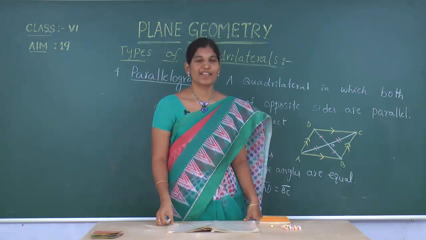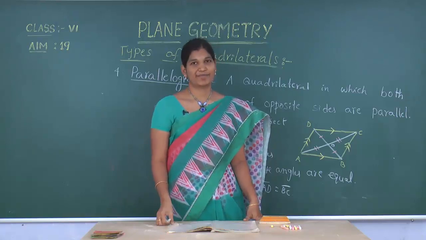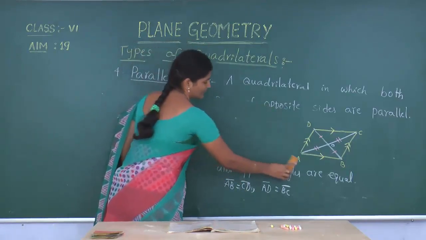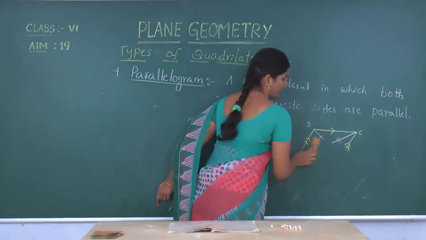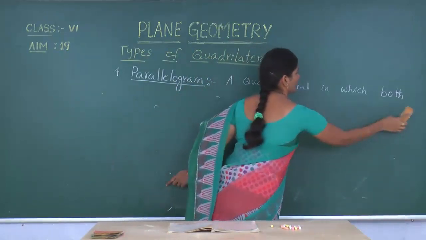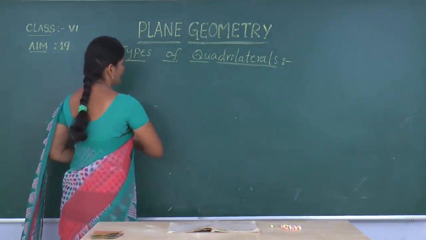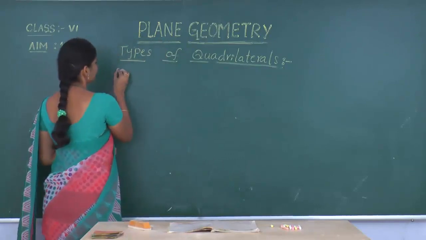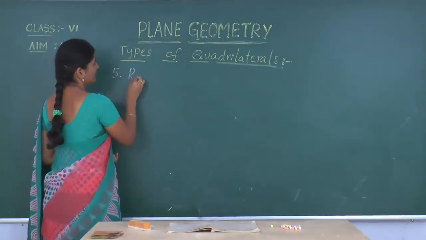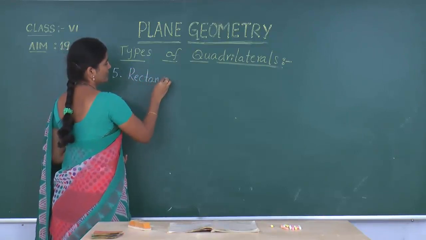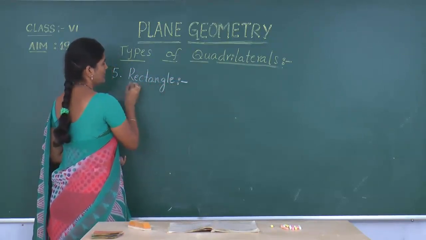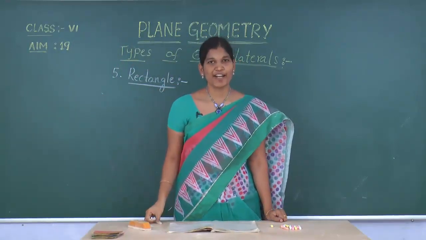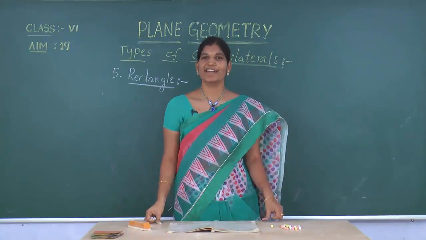And let us go with one more type, which is a rectangle. What is a rectangle? In a parallelogram, if one angle is 90 degrees, then it becomes a rectangle.